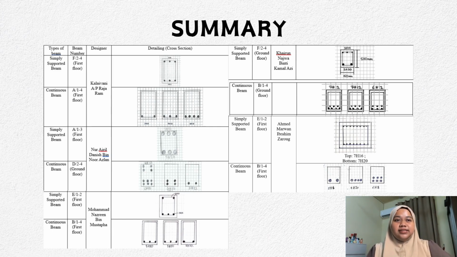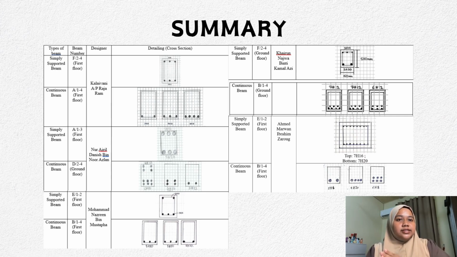Moving on to the next designer, Nur Airil Danish bin Nur Azlan, for the simply supported beam, he designed A1 until 3 for the first floor beam. The detailing that he got is 3H16 for the top and 3H20 for the bottom. Meanwhile, the continuous beam he designed is D2 until 4, which is a ground floor beam.